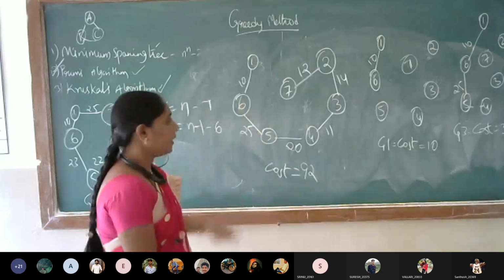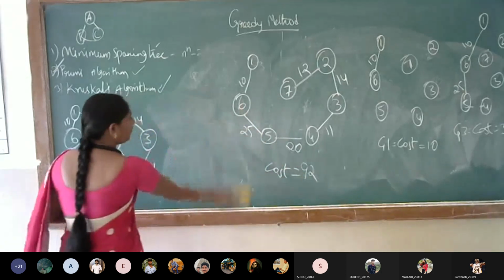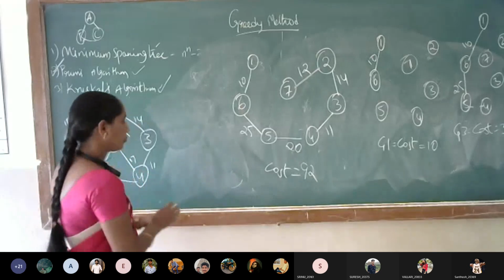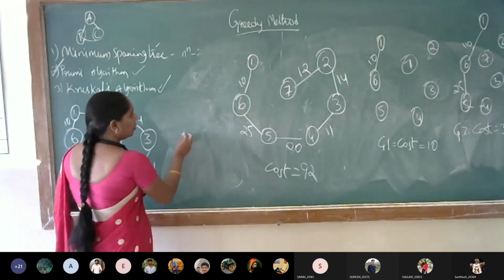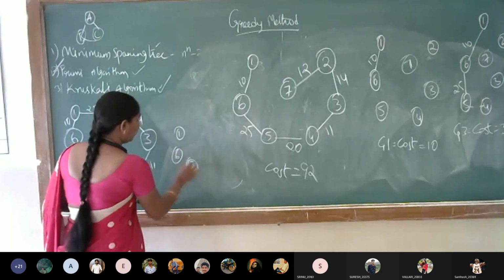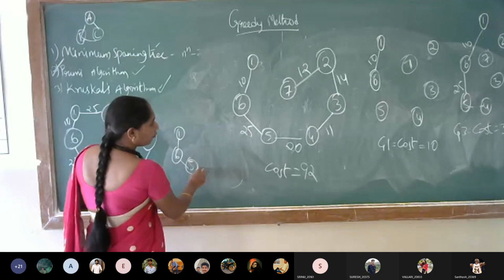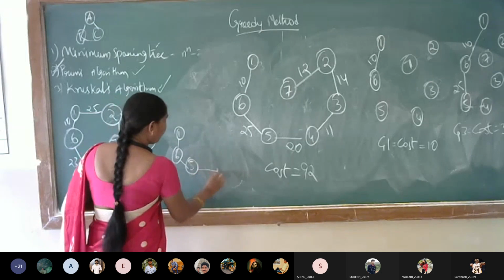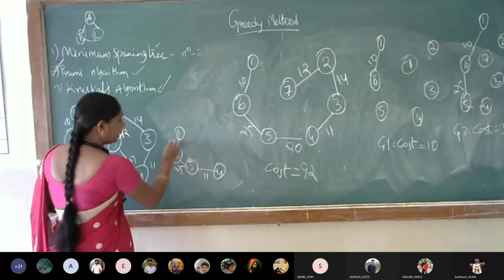Next, the third graph we will be constructing. So the next graph we will be getting 1, 6, 5. From 5 we are directly visiting 4, with costs 11, 25, 10.